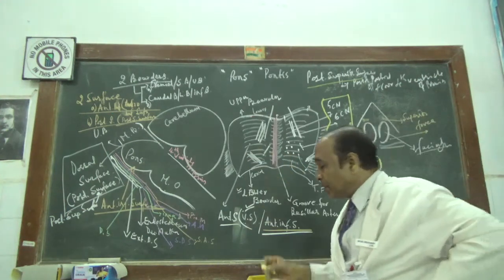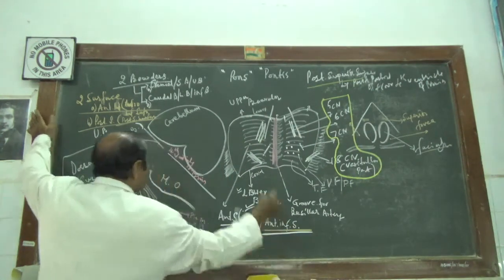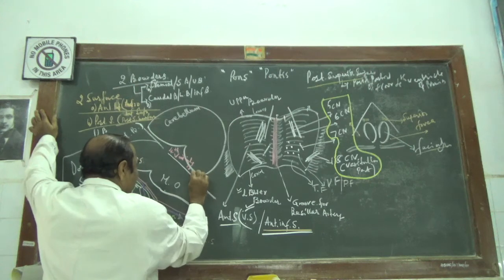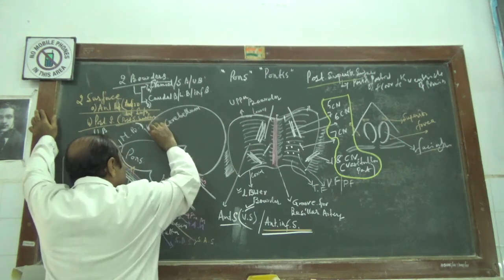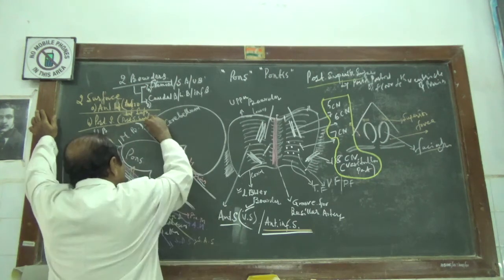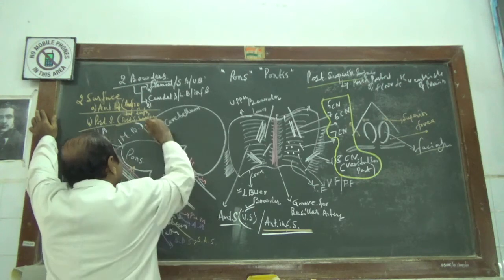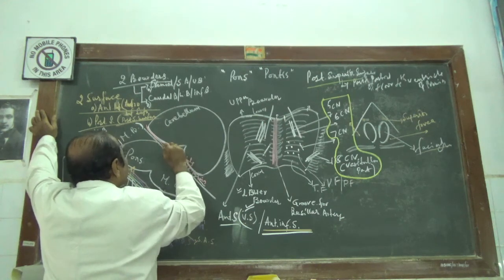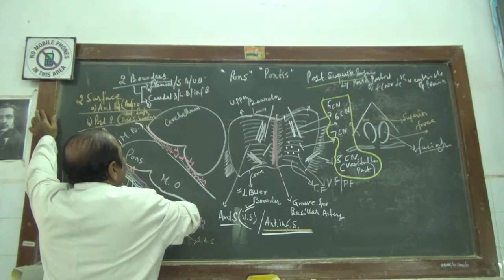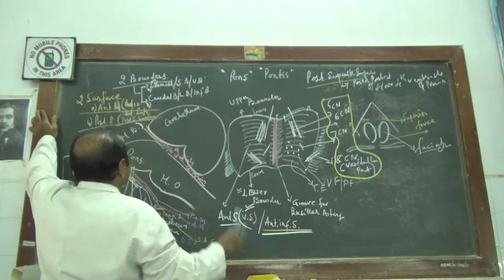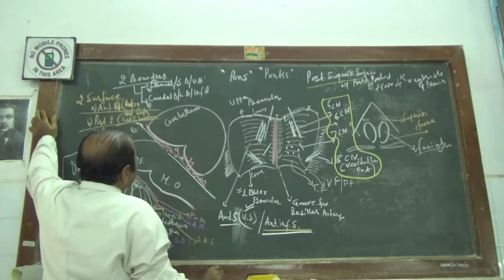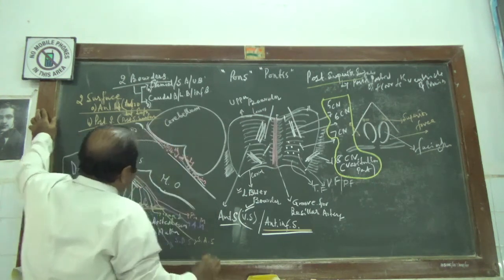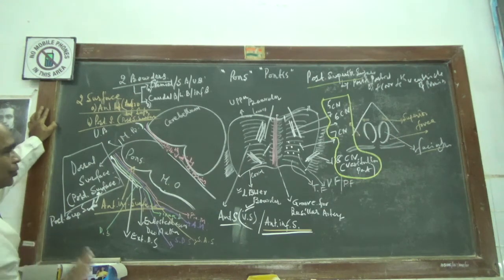It is also covered by the pia mater, which continues further as the ependyma, and it covers the tela choroidea and the choroid plexus. Then the arachnoid mater partially covers it. Then the meningeal layer of the dura mater partially covers it. So this is what you will have.